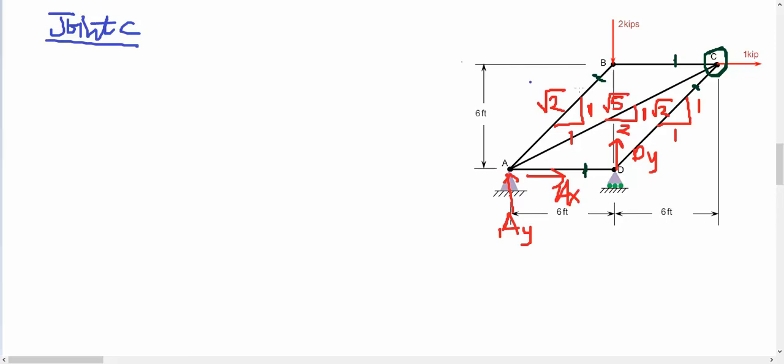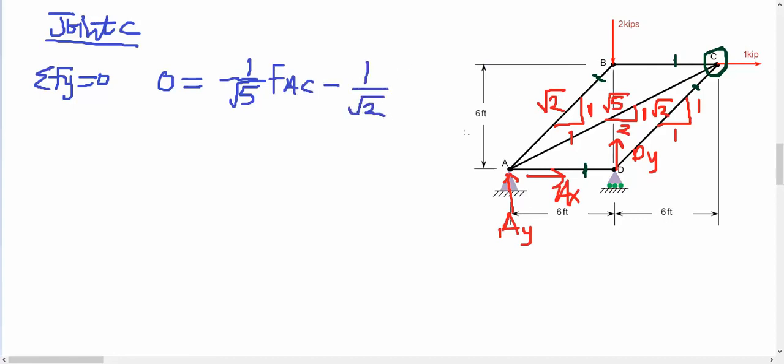So for joint C, sum of forces in the y direction equal to 0. So 0 equals negative 1 over square root of 5 FAC. This is FAC right here, and this is 1 over square root of 5 because it's going down. And we also have negative 1 over square root of 2 FCD right here.